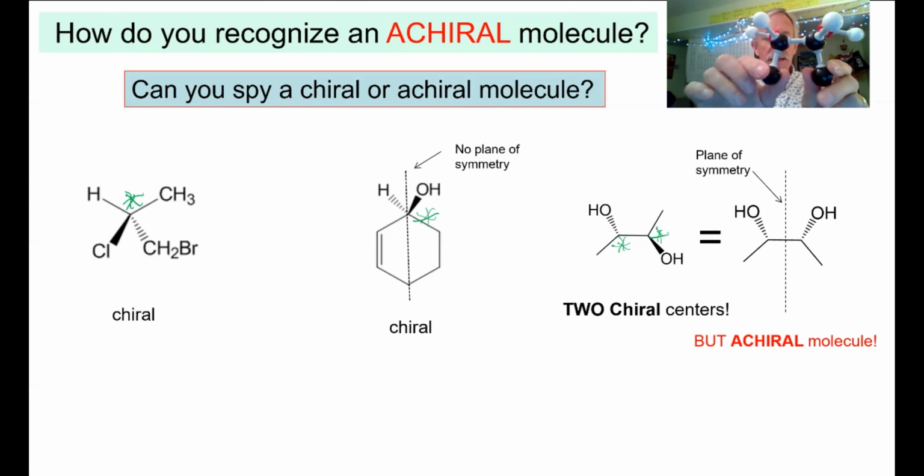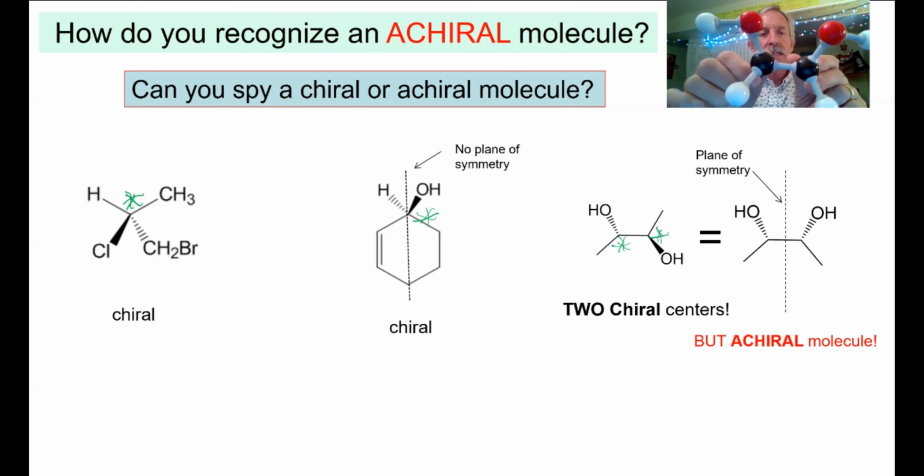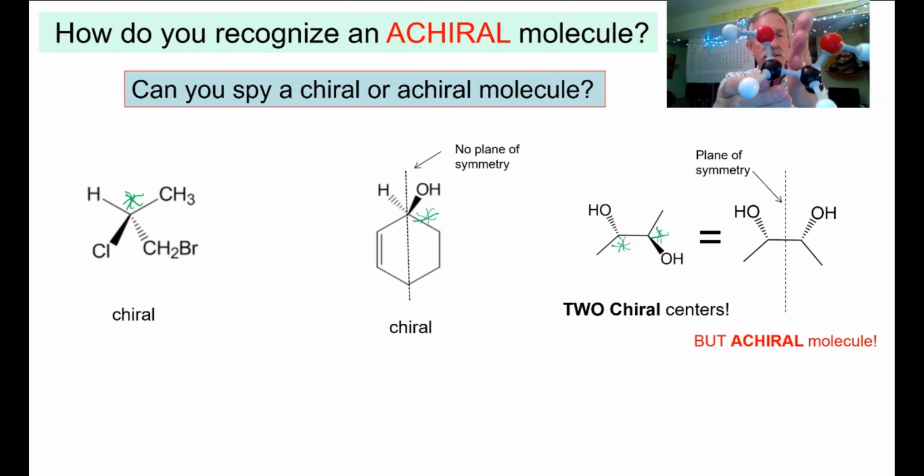And as soon as I made these CH3s mirror images of each other, see what happened to the OHs and the Hs? That is so cool. The OHs and the Hs also became mirror images of each other. So these two are chiral centers, but the whole molecule has a plane of symmetry based on the fact that I can rotate single bonds.